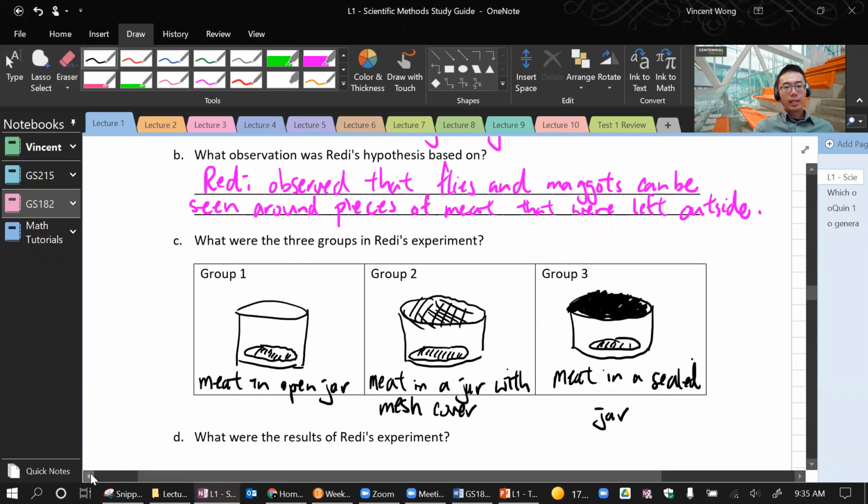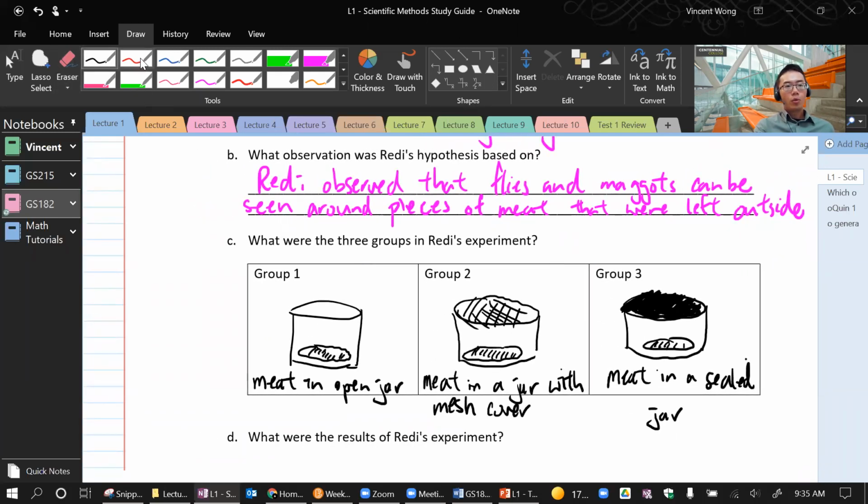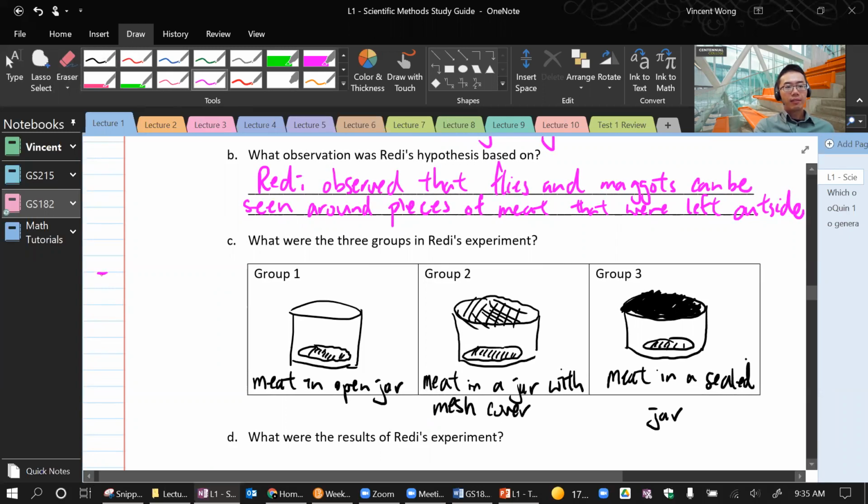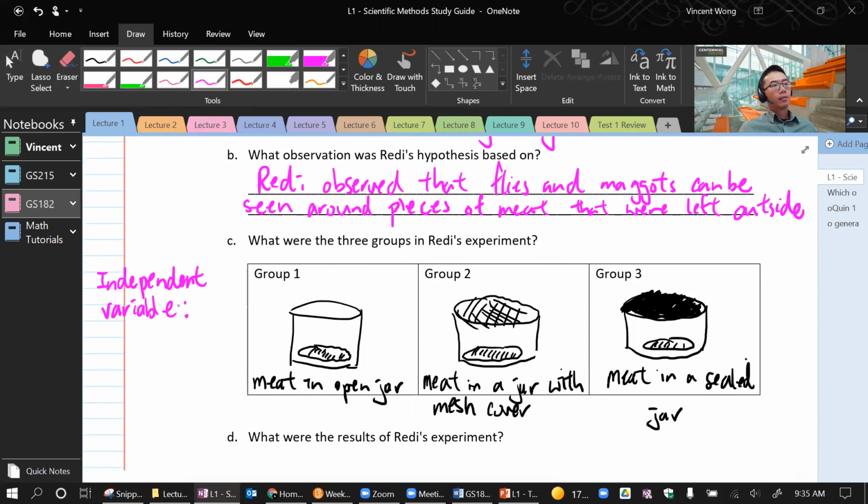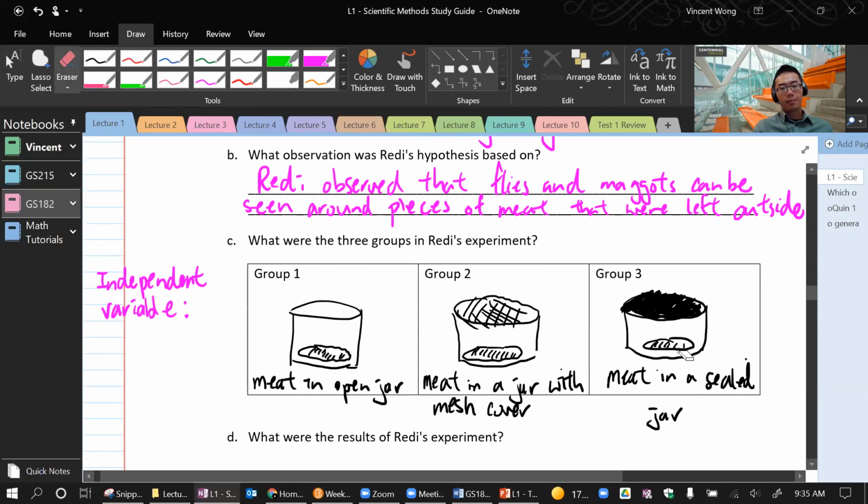So in this setup, what would you say the independent variable is? Anybody? What is the independent variable in this setup?